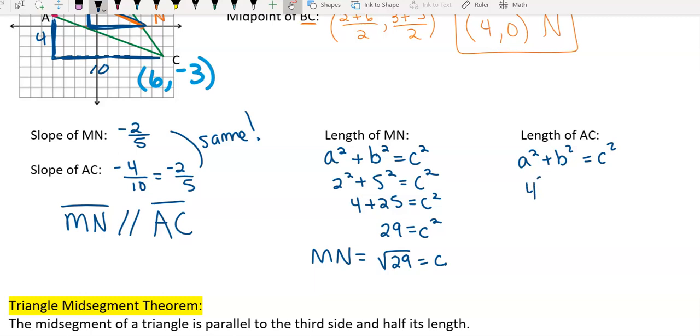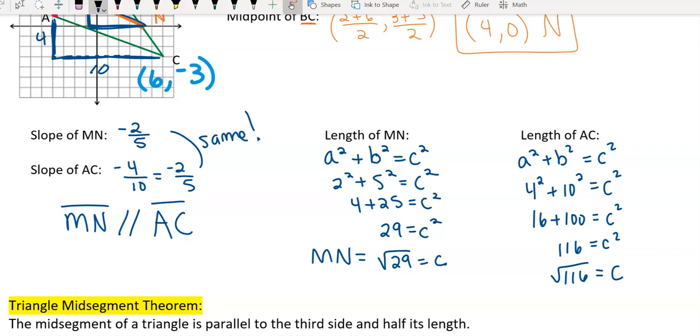Plug in your leg lengths, 4 squared and 10 squared. We're going to solve the formula. So c is the square root of 116.